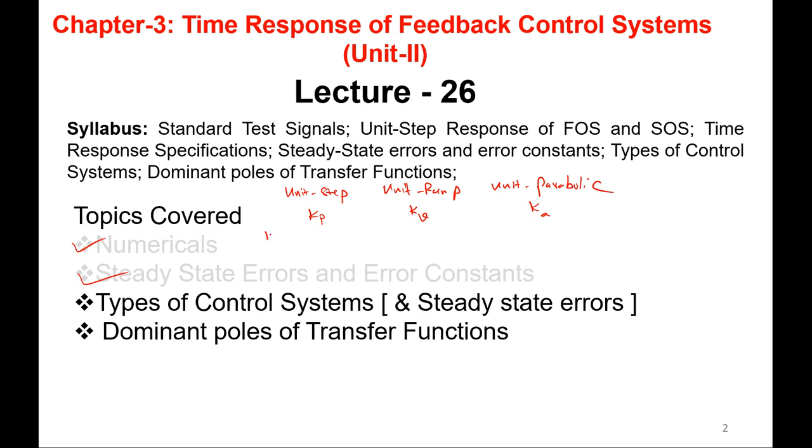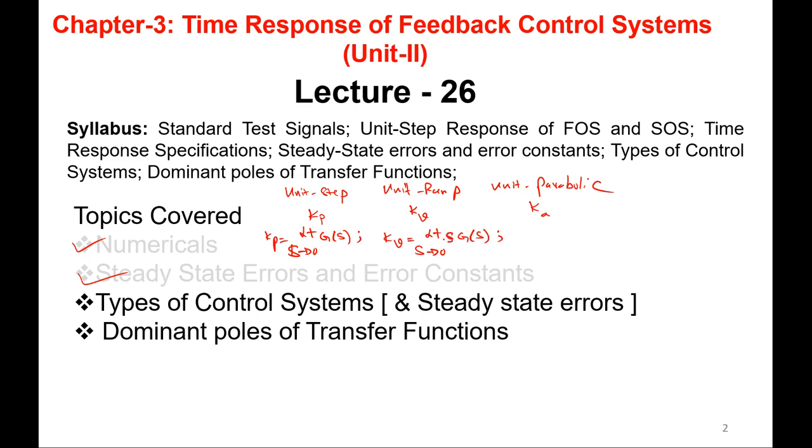Then Kp is given by, just recalling what we studied in the previous class, limit s tending towards 0 of g of s. This will give me the position error constant. Then the velocity error constant Kv is given by limit s tending towards 0 of s into g of s. These are very important and required for us.